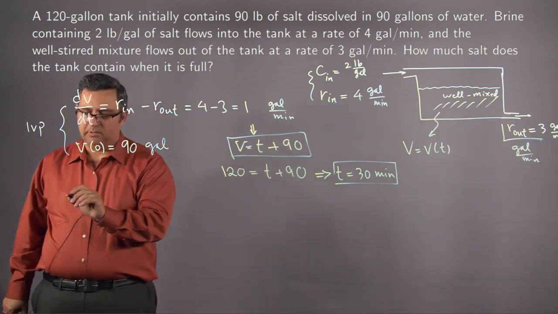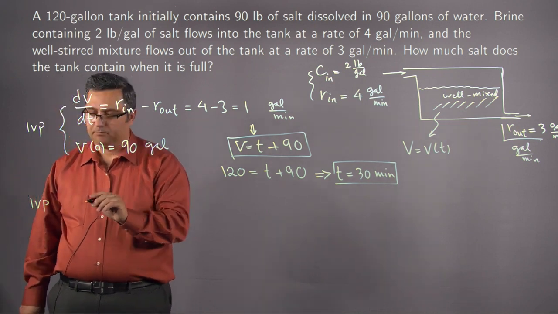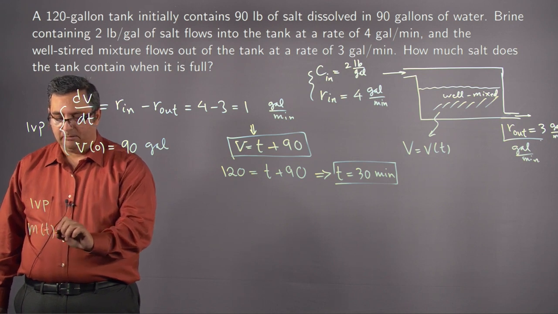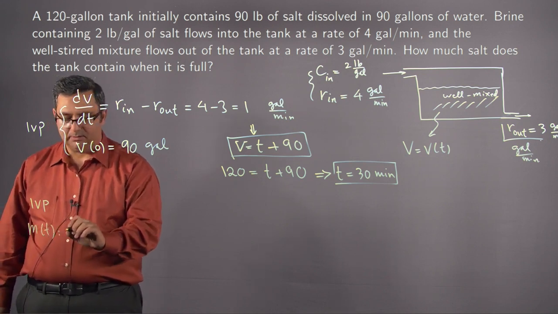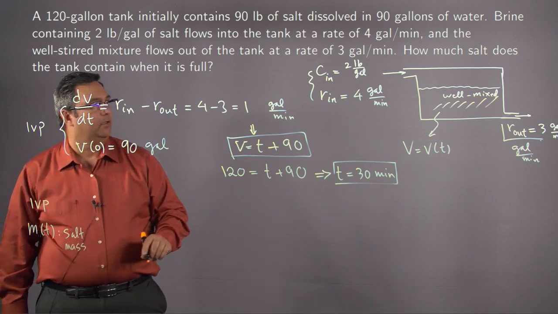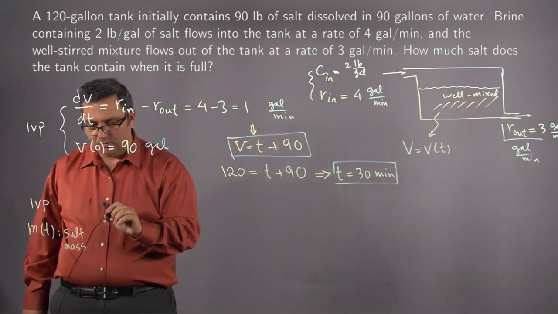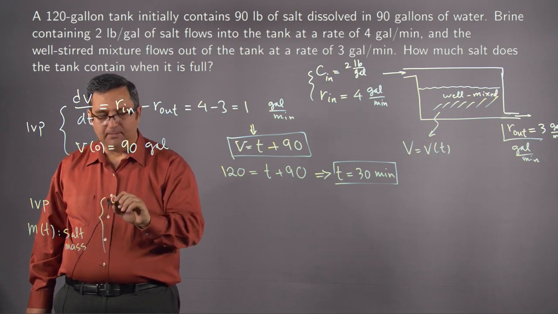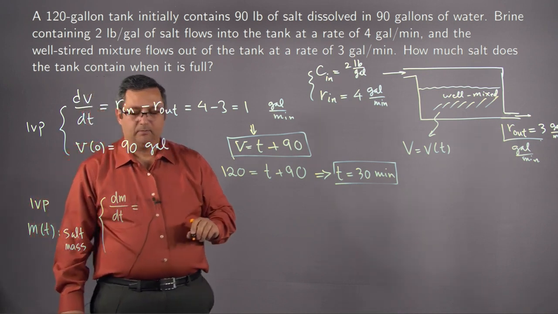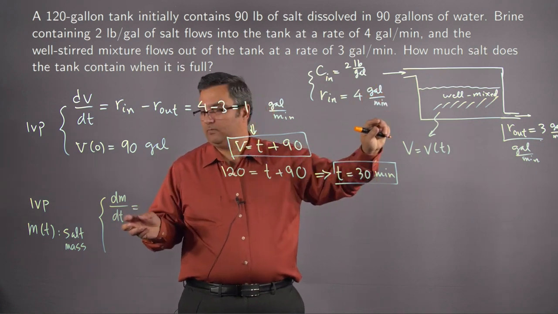The next step is to write an equation, this time for the salt mass. So if m is the instantaneous salt mass inside the mix in the tank, then dm by dt is the rate of change of the salt mass.